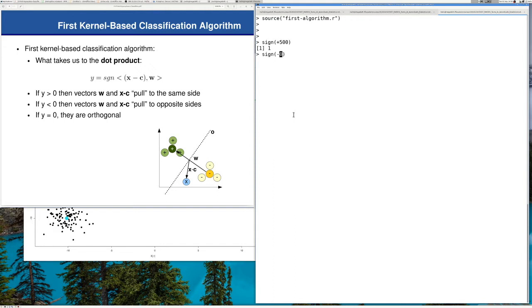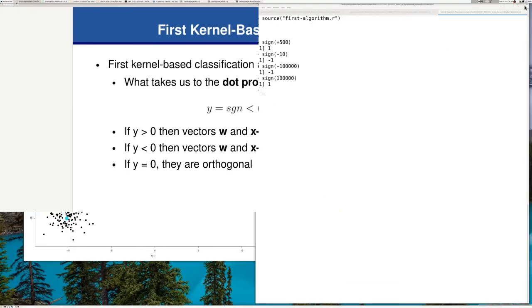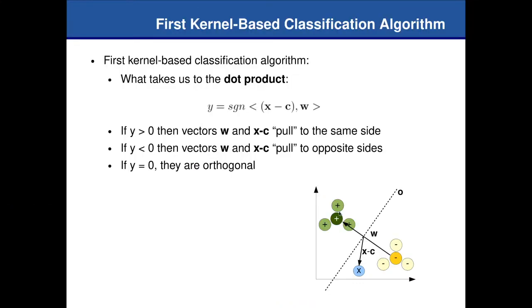Sign of minus 10 will be minus 1. Sign of minus whatever will be minus 1. And sign of a positive value will be positive 1. So it's just the side of the hyperplane. It just informs us if we are on the positive or on the negative side of our space. So this hyperplane is just dividing our space in two half spaces. That's the technical term we use: two half spaces.